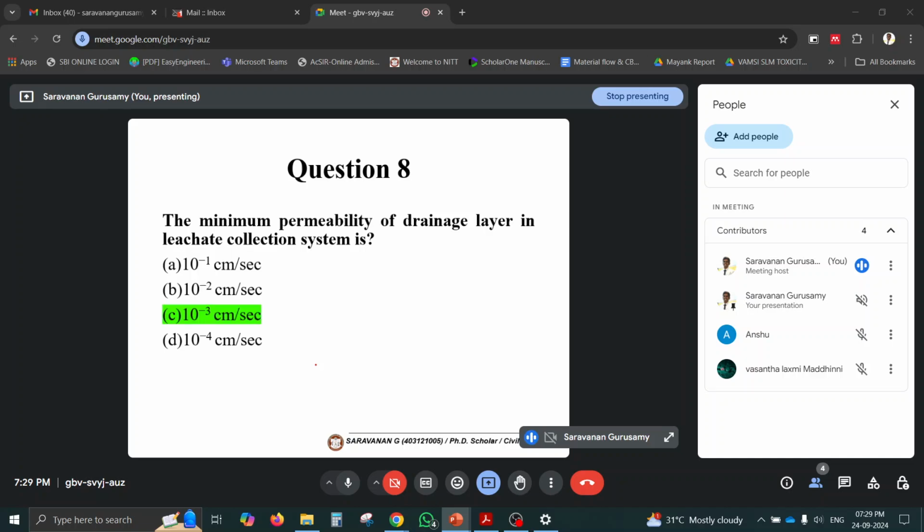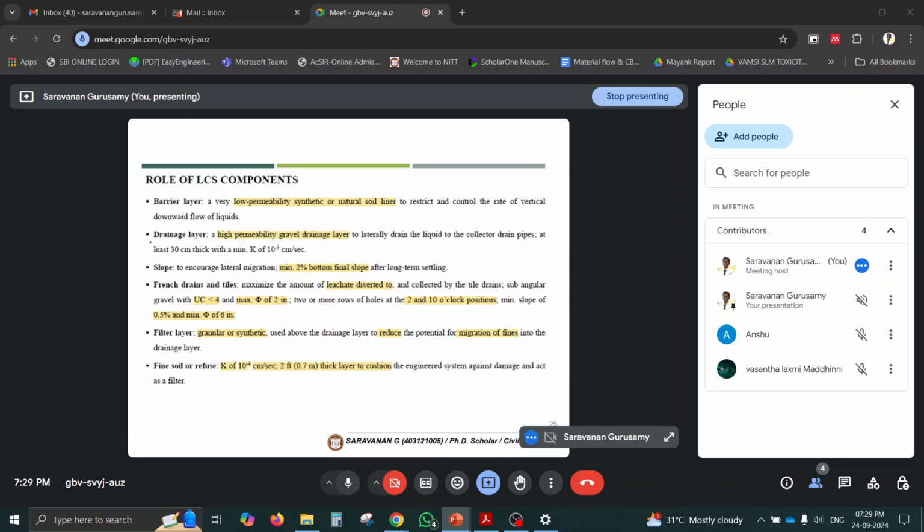So the drainage layer will be around 10 power minus 3, but the bottom liner system will be around 10 power minus 12, compacted clay liner, 10 power minus 12 centimeter per second. That much very low permeability is required for the liner system. But for the drainage system, we should allow the leachate, so 10 power minus 3. So that's the drainage layer.